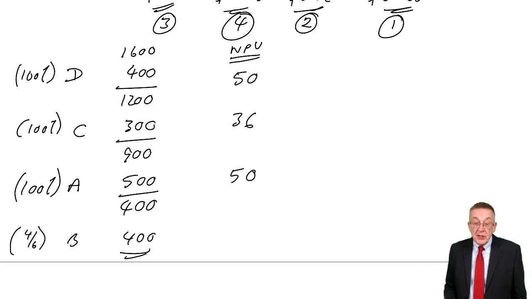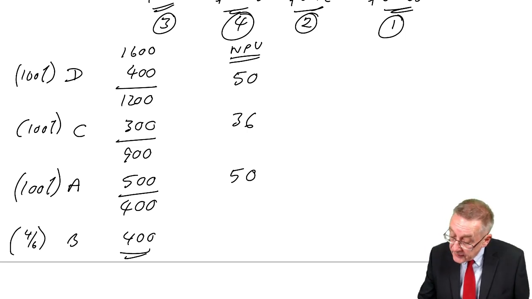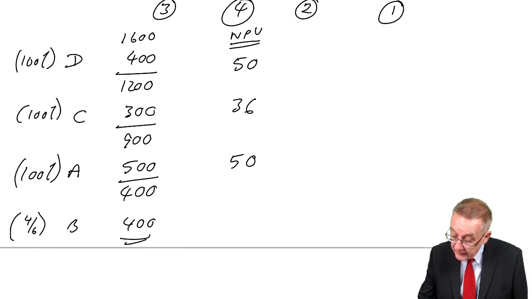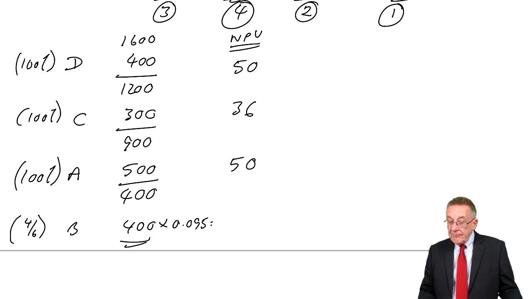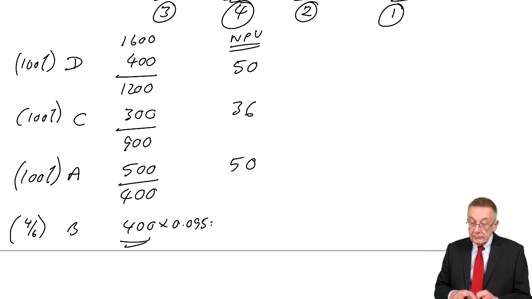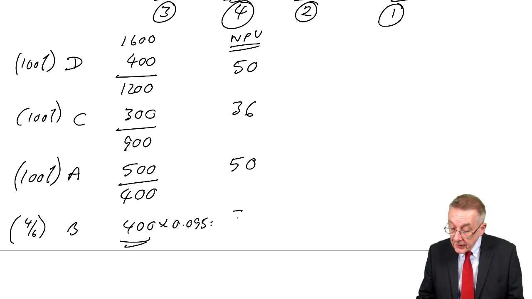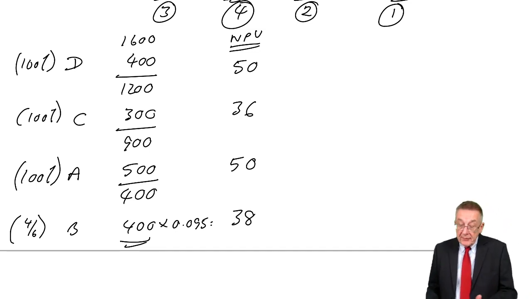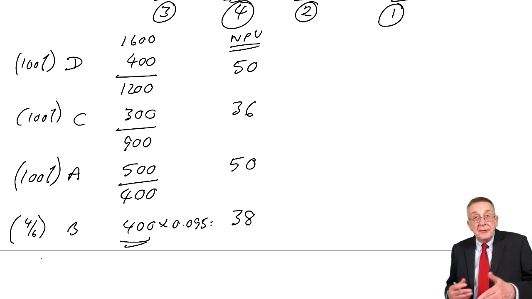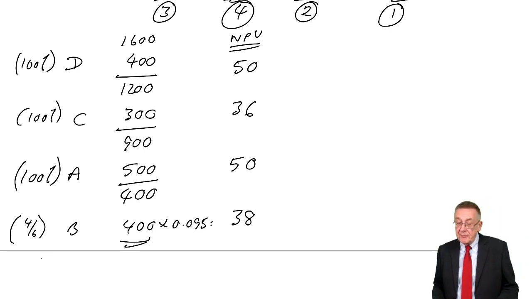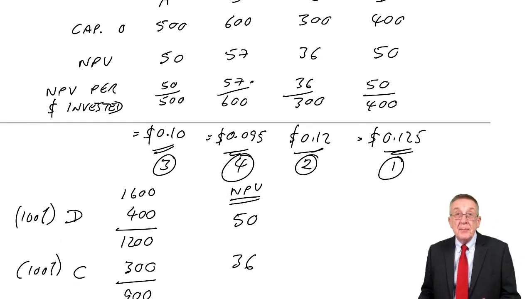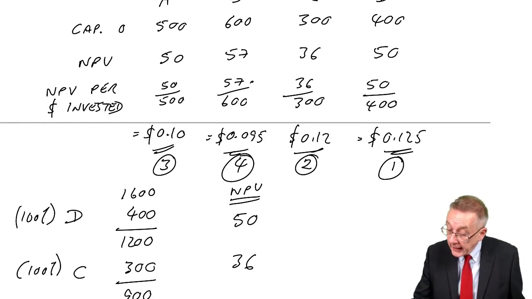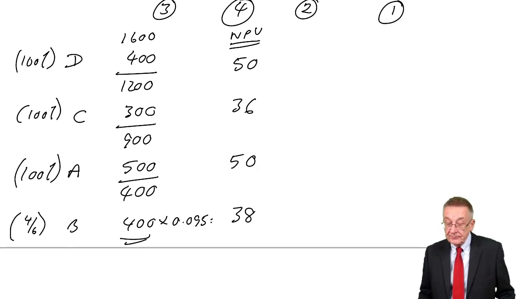And how much NPV will we generate? Well, B gives us 9.5 cents per dollar. And so the NPV we'll get from B is 38. Or if you prefer, since we're investing in 4/6 or 2/3 of B, we'll get 4/6 or 2/3 of the NPV, which again is 38.